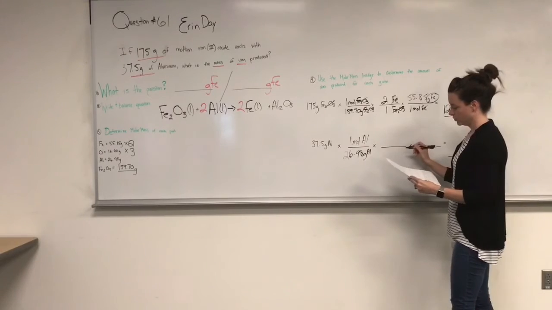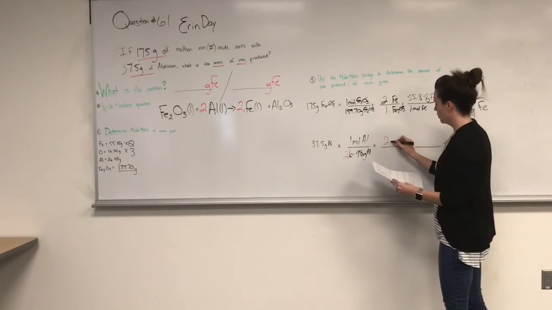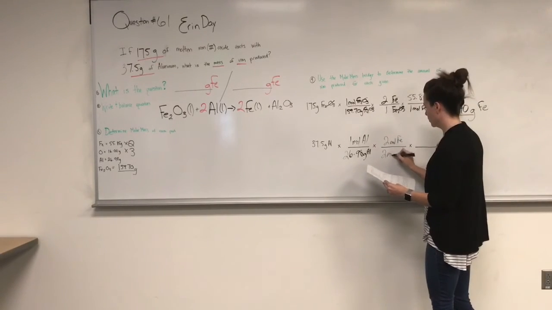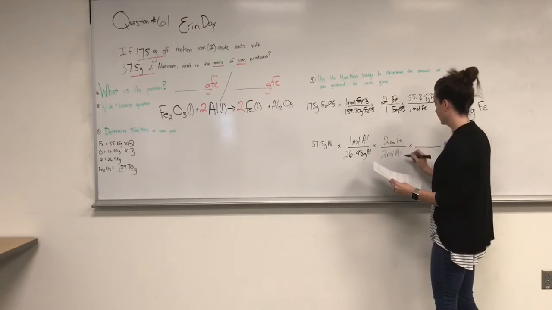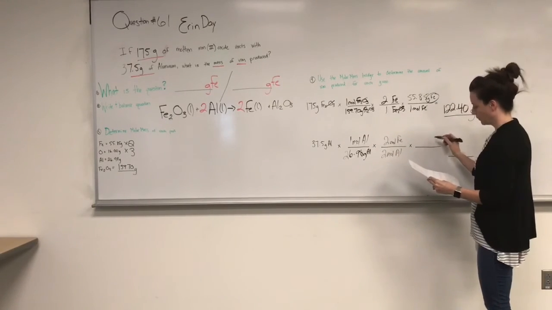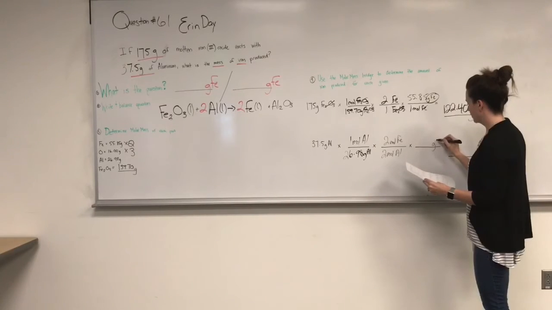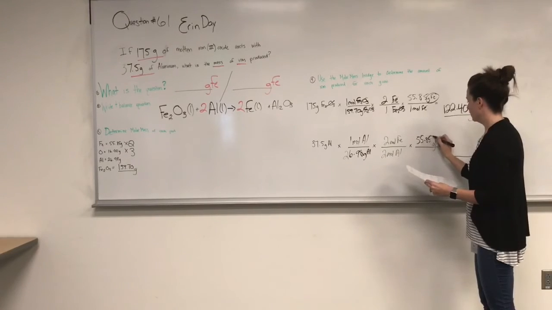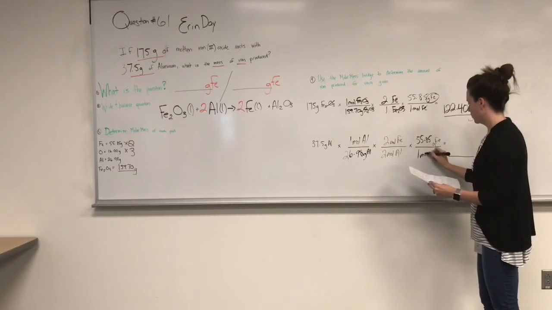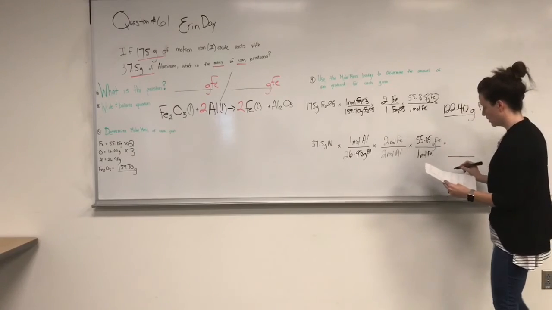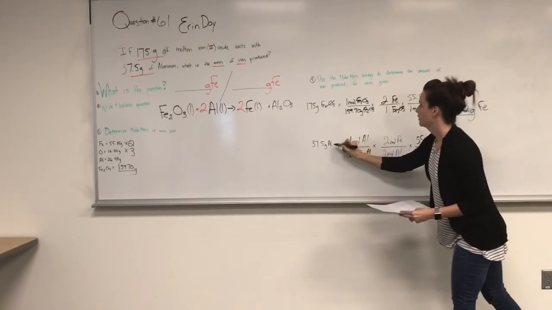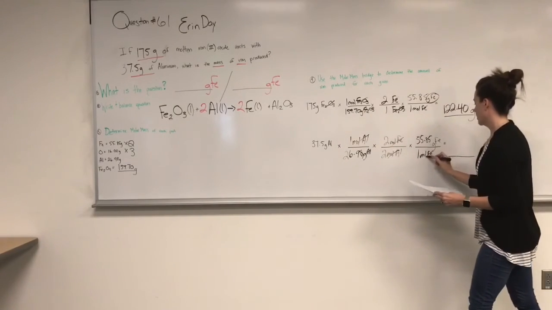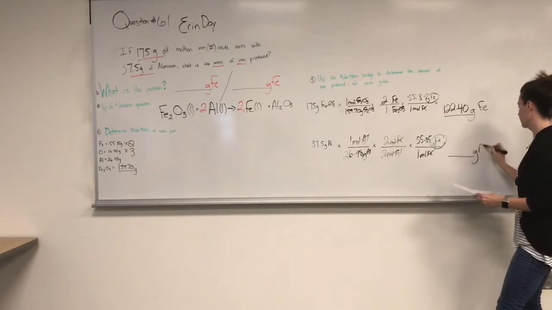And we're going to multiply that by the 2 moles of iron over the 2 moles of aluminum, because we want to then get to the molar mass of iron, which again is 55.85 grams over 1 mole Fe, which again, that cancels out, that cancels out, that cancels out, and we're left with grams of iron.